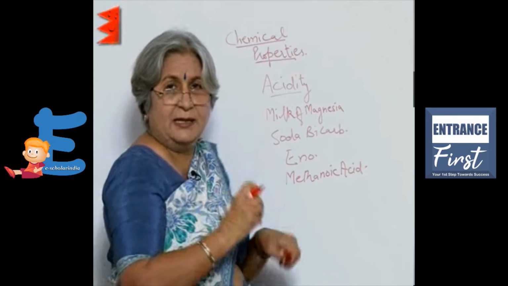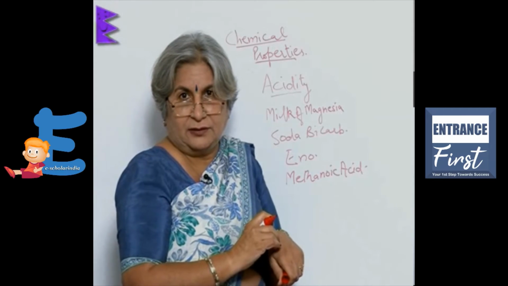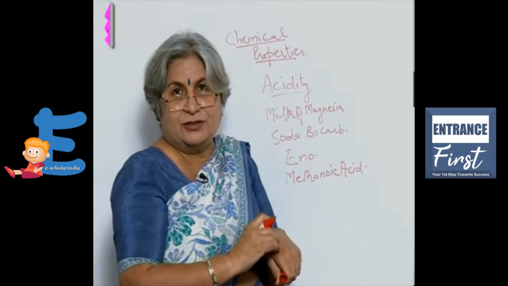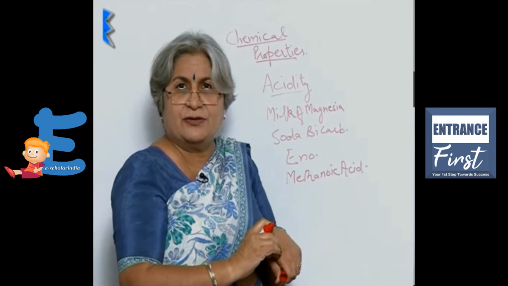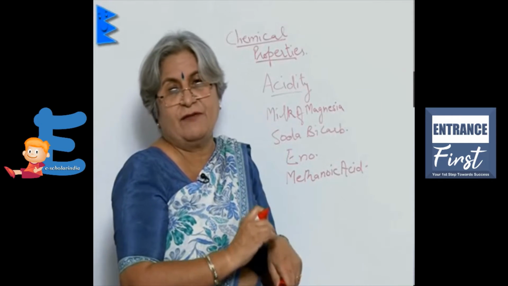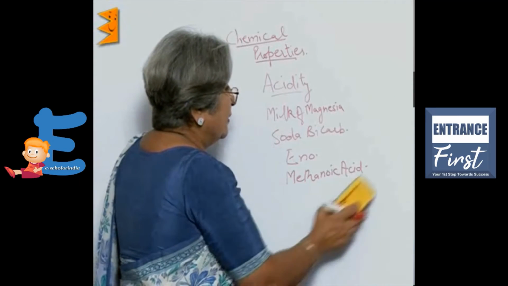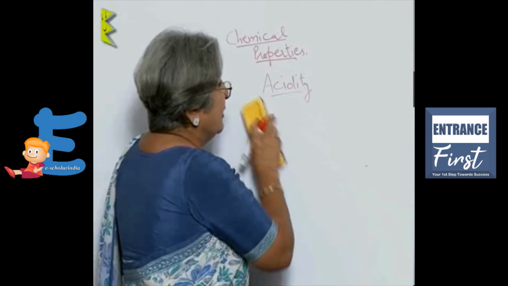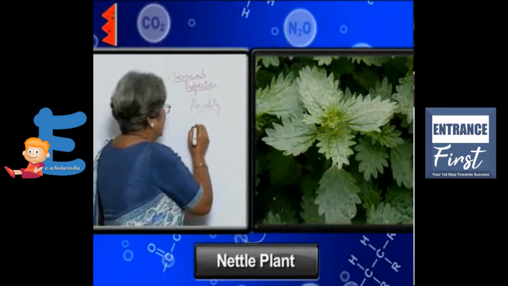Sometimes they even say that rub something which is made up of iron. Now iron is a metal, and so that also can neutralize, not I shouldn't say neutralize, but reduce the effect of acid. Another case of methanoic acid is in a plant which is very prevalent in hill stations, the nettle plant.